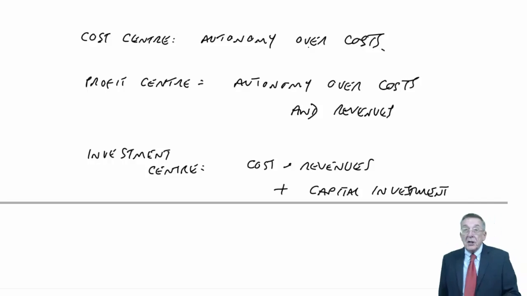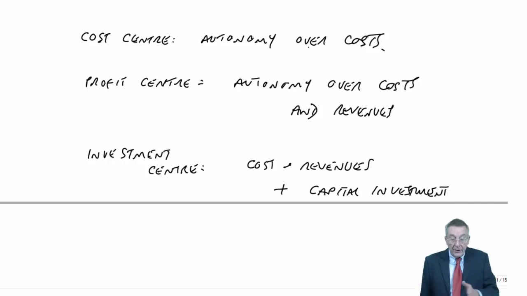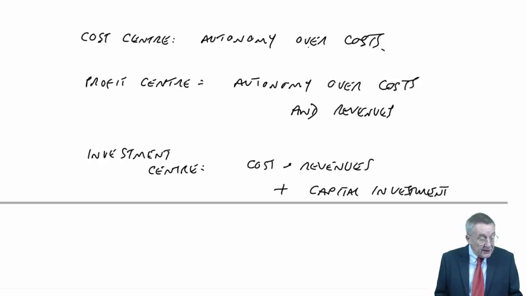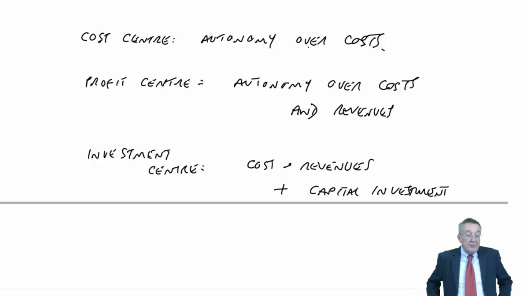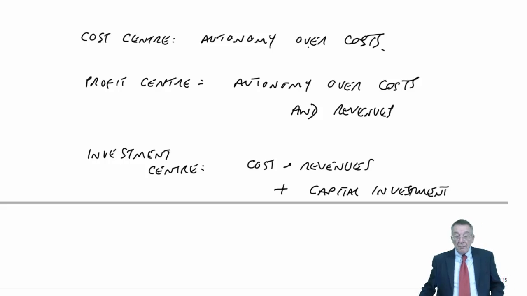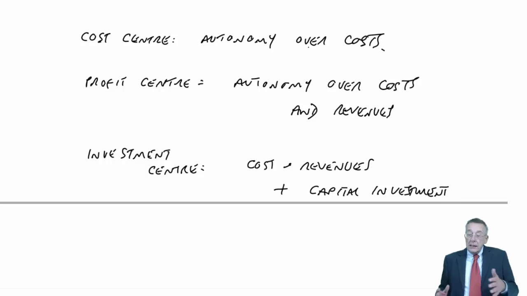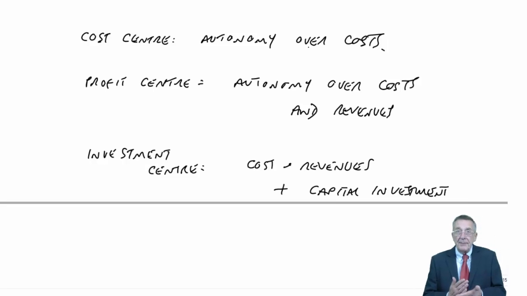I keep saying we come to how we might actually measure the performance, but the sort of things you might look at, exercise 1 suggests some performance measures or ratios that might be suitable. If it's a cost centre, I'm only checking on your costs, obviously. I only check on what you're responsible for.